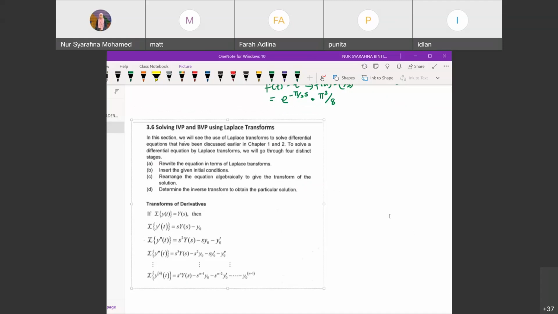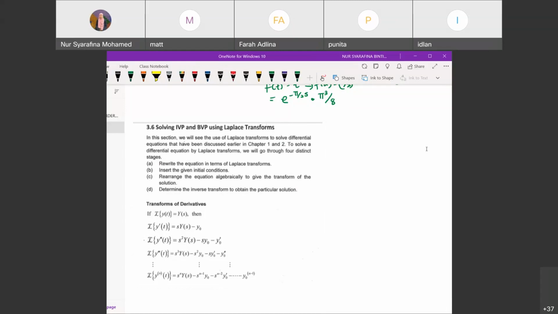So before we proceed with inverse transform, you need to know how we can transform the derivative. Okay, so this is just knowledge. After this we are just going to use this, no need to prove, but this is just for additional knowledge. In differential equation we always have y prime, y double prime, and so on, right?